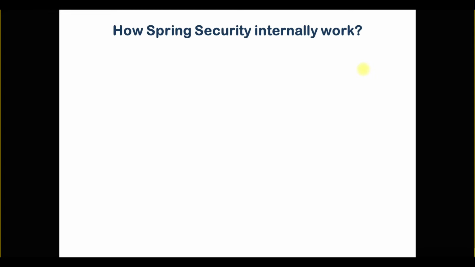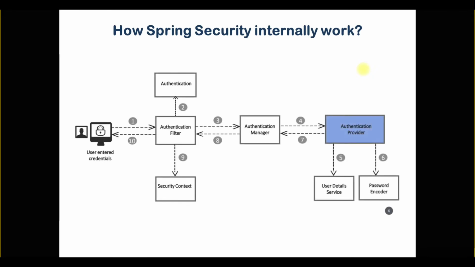And there is one more important question: how does Spring Security internally work. Before moving ahead, we will first discuss the components and how Spring Security internally works. Internally, as you can see here, there is a sequence of steps. The first step happens when someone calls our application through a browser or any app consumer with the credentials.